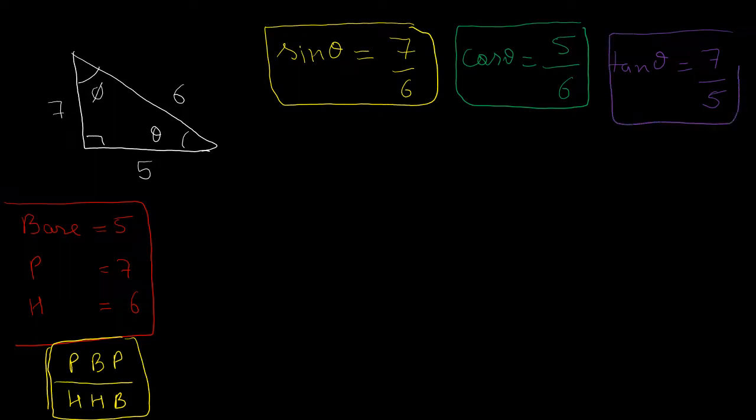So once you have this sine of angle, cosine of angle, tangent of angle, you can find the corresponding cosecant, secant and cotangent. But one more important thing here is, suppose I want to find the sine of phi and I want cosine of phi and the tangent of phi.